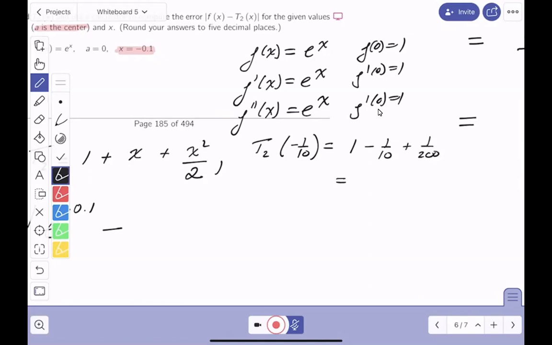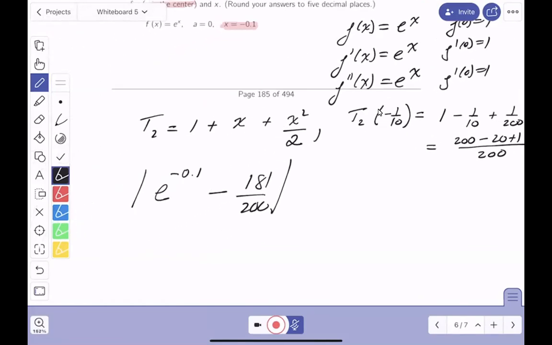I'm going to continue the arithmetic. It's 200 minus 20 plus 1, and what do you get there? That's 181 over 200. All right, so I got that.